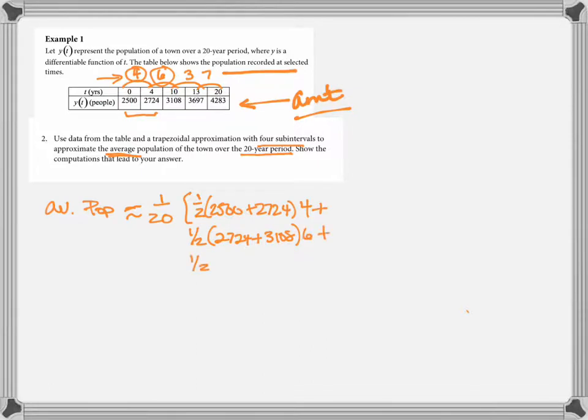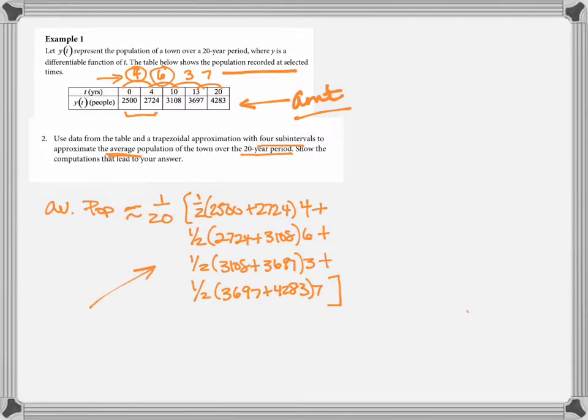The third trapezoid would be 3,108 plus 3,697 times 3. And the fourth trapezoid would be 3,697 plus 4,283 times 7.